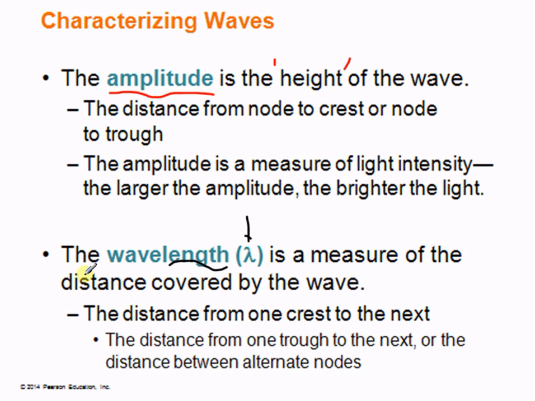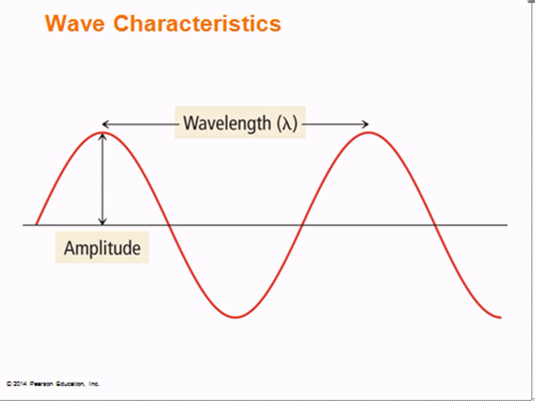That would be the distance between, let's say, one crest and the next crest. This distance is going to be characteristic of a particular wave, and something that you have to know is that the same distance that you have from crest to crest, you have from trough to the next trough, right? Or you can have it between two alternative nodes, like in this case I can show you what I am talking about.